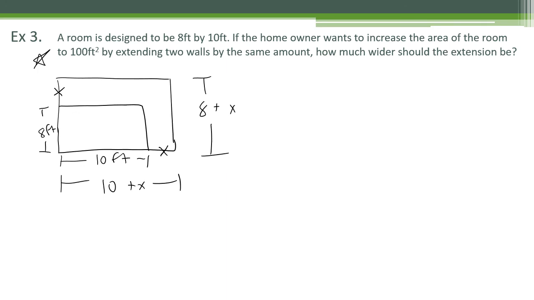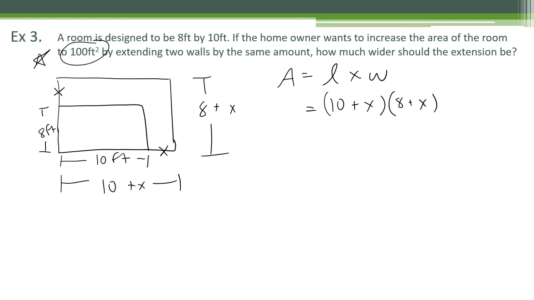And we know that we want the area of the room, the whole thing, to be 100 feet squared. Well, that's a rectangle. And how do you find the area of a rectangle in general? Length times width. Doesn't matter what you call length, what you call width. So let's just say length is the 10 plus x side.